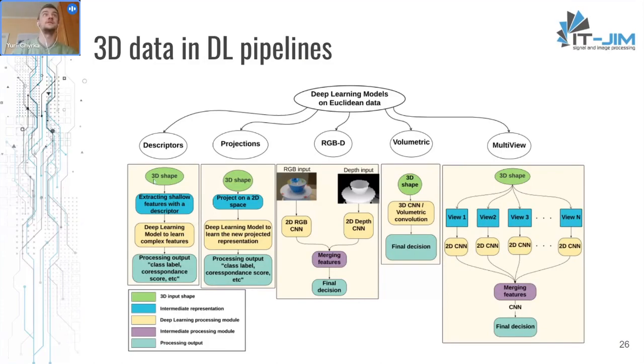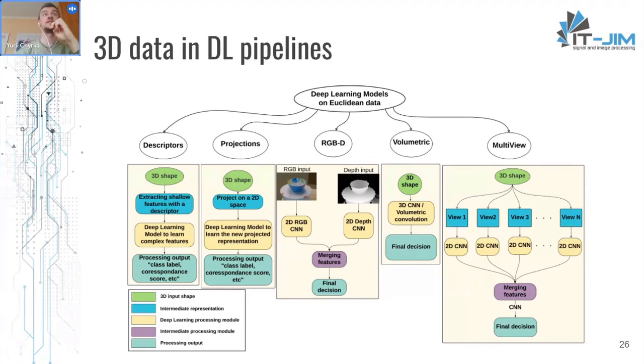So we feed a three-dimensional shape into a feature calculation pipeline, into some descriptor calculation model, and then use this descriptor, this feature, within some deep learning model that calculates further hierarchical features to make them more complex.